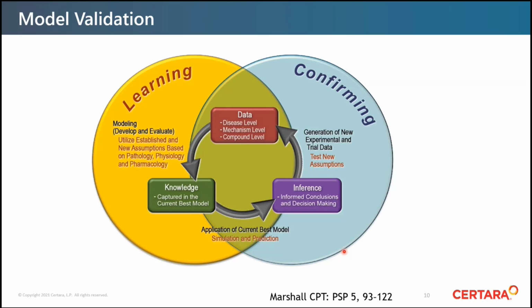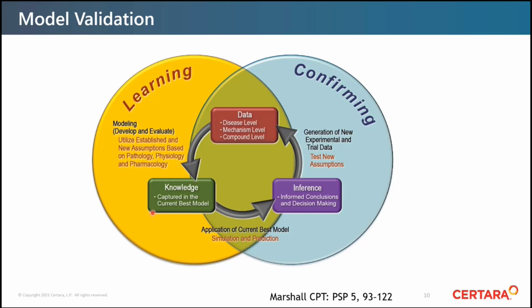We're all aware of the learn and confirm paradigm that's usually used in PBPK model development, where you use PBPK modeling to understand what you have, capture the current best practice knowledge and data on a drug and a population, and then use that to make an inference on your new population, such as the pregnancy population, and then generate new data to test those assumptions.